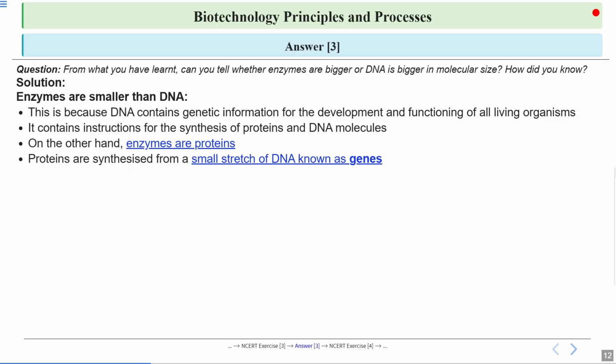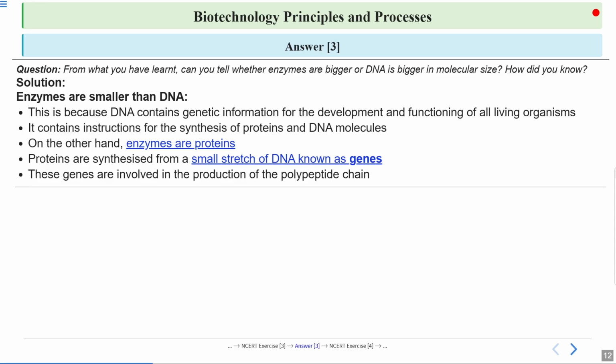There are numerous enzymes that get synthesized in our body. There are so many structural proteins present in your cell, and those genes are also present on that DNA. So obviously the DNA molecule is larger than any one enzyme.